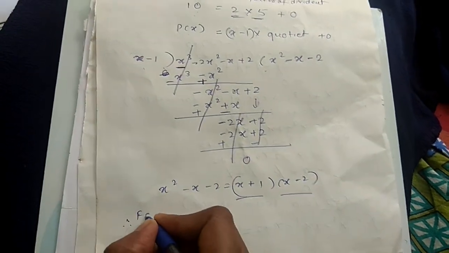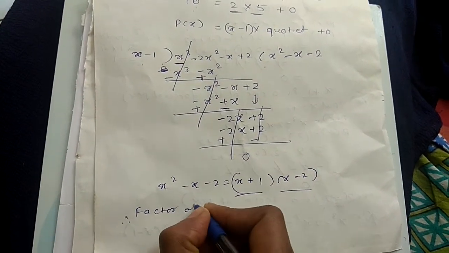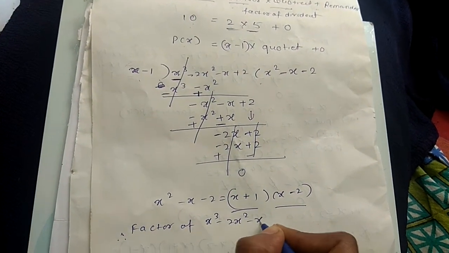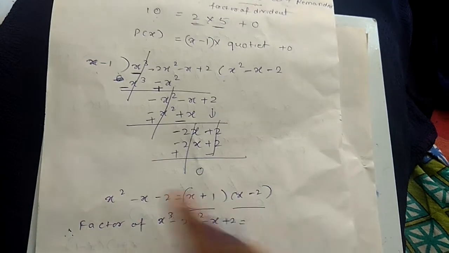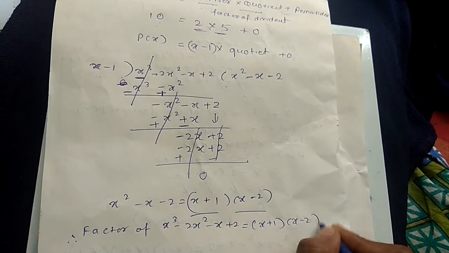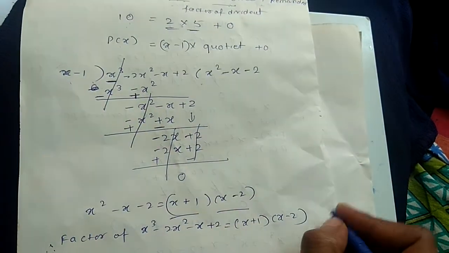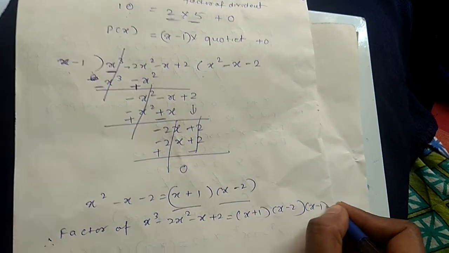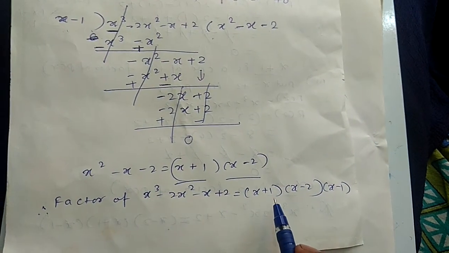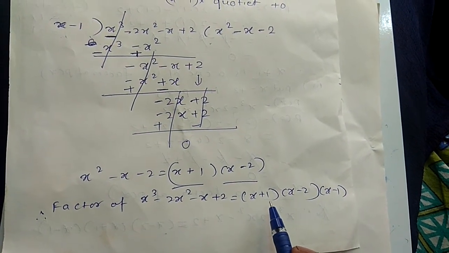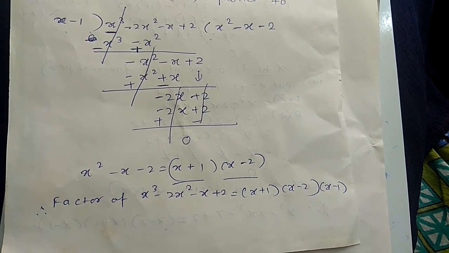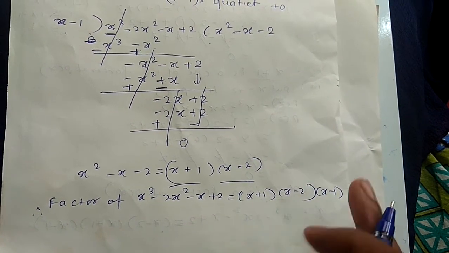So therefore the total factors of x cube minus 2x square minus x plus 2 are x plus 1, x minus 2, and this one factor, that is x minus 1. You can write factors in any order. The same factors you got by finding all the factors using only the factor theorem also, and this also.